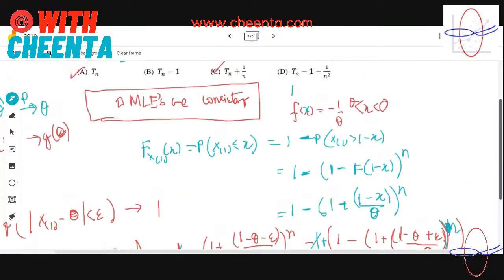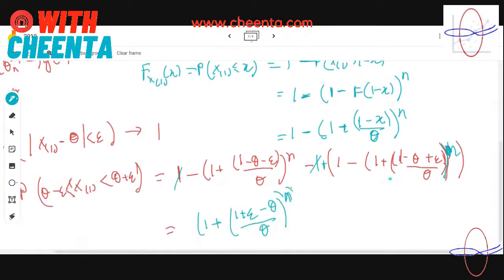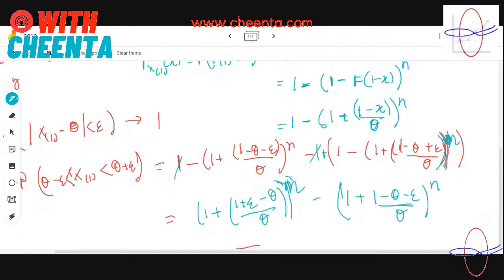I think I am making some mistake. Yeah, I think the outside is that. So let's see what it turns out.